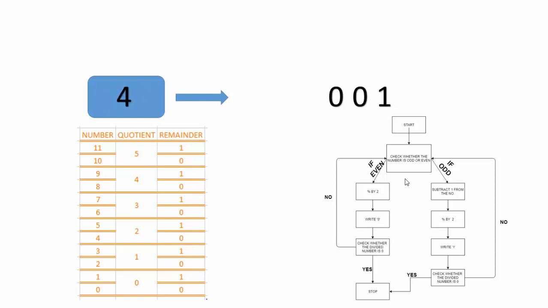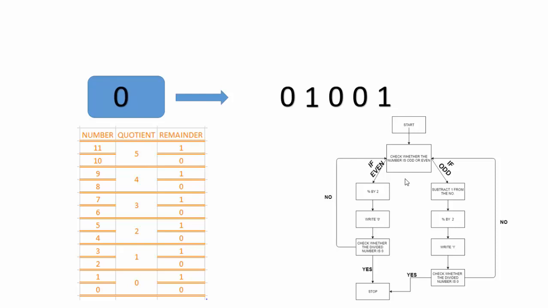So as it is 5, we'll have to subtract 1 from it, which yields 4. We'll divide the 4 by 2, which is 2, and we'll write down 1. We check whether the number is 0 or not, which it isn't. And as 2 is even, we'll directly divide it by 2. We'll write down 0. We yield 1, and we repeat the process.